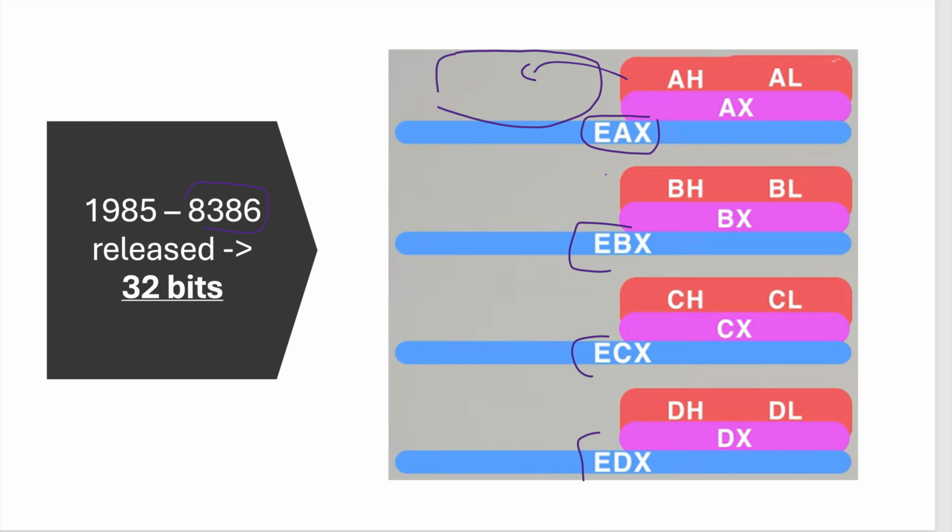Now, the 64-bit version starts with R, so that would be RAX, RBX, and so on. You're going to see EAX just as frequently or even more frequently than RAX. What does that mean? If you're reading a book that came out not too long ago, you're still going to see references to EAX, even though that's only 32 bits.